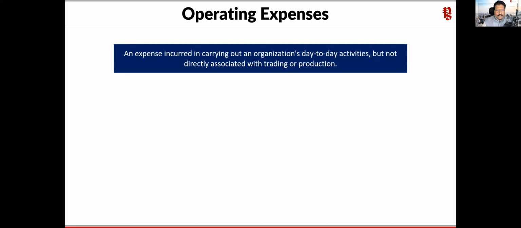In an upcoming session, we will see the expenses connected with trading or production activity. Here, we are going to see the other expenses which are required by organizations to manage their day-to-day operation.